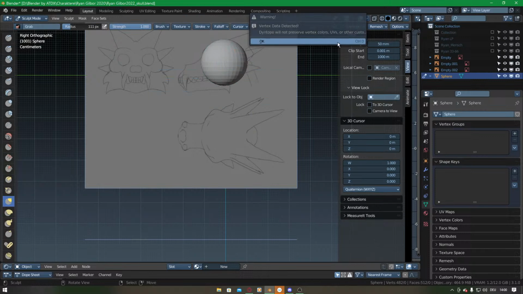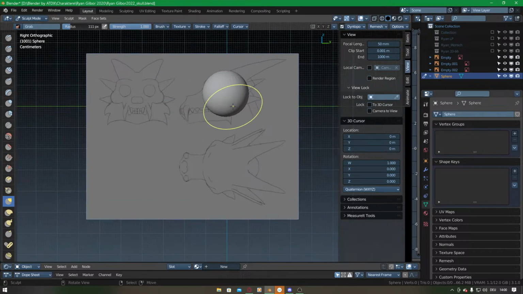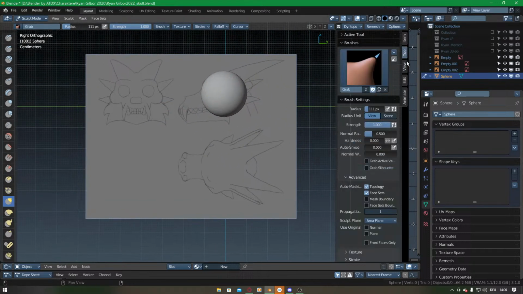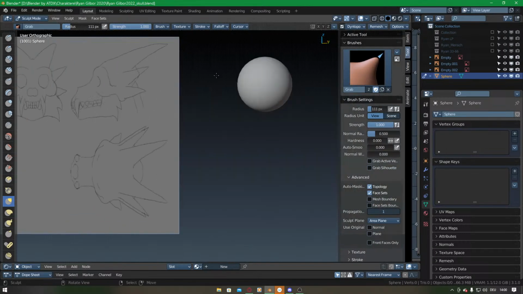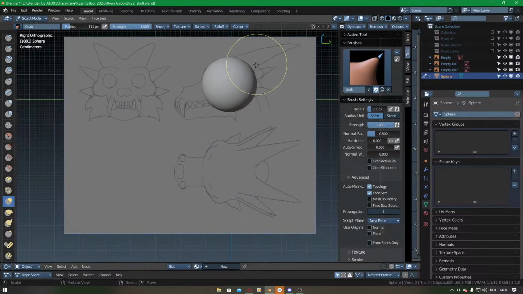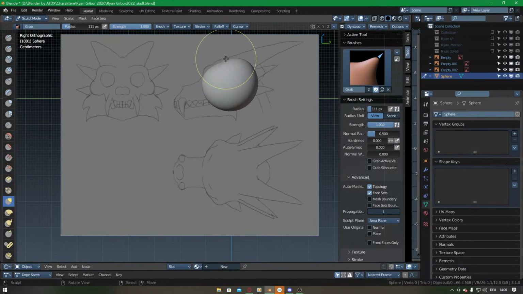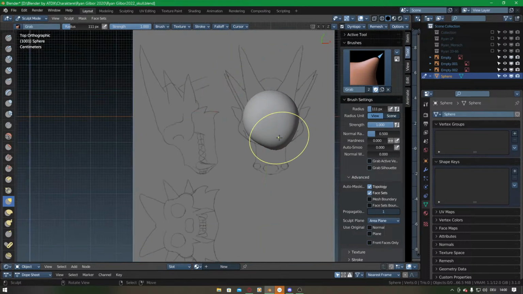So I'm using dynamic topology to get this to work. I see it's not symmetrical.